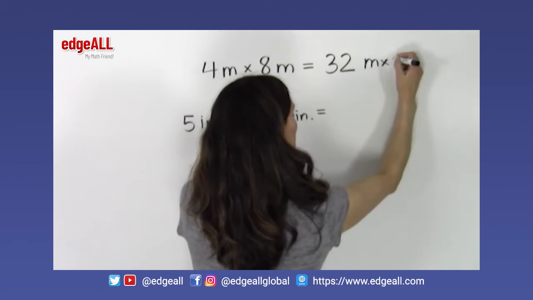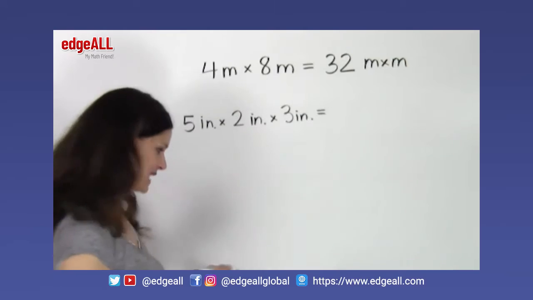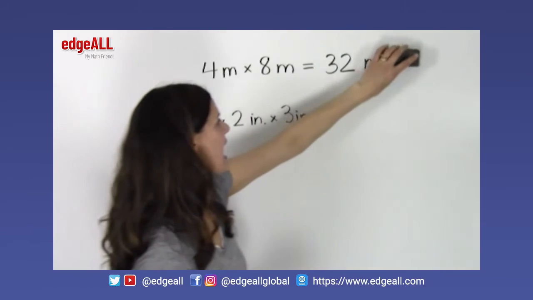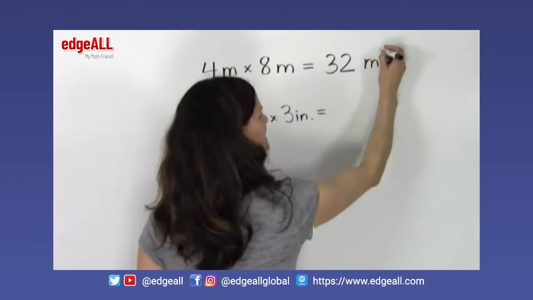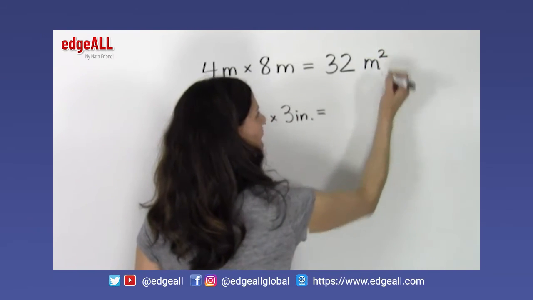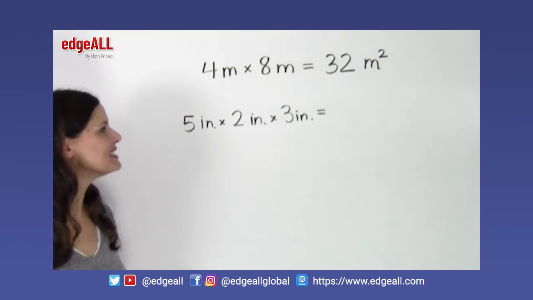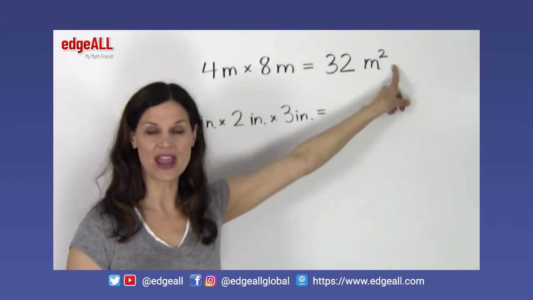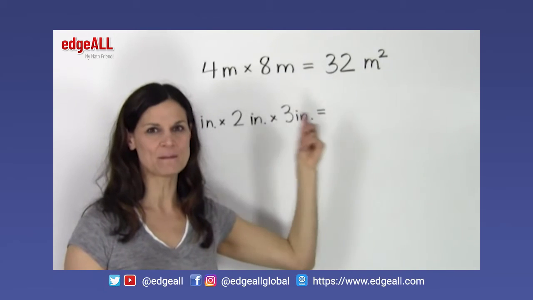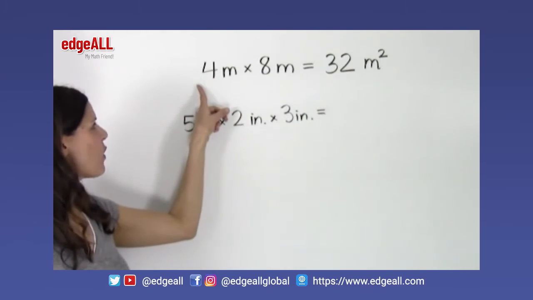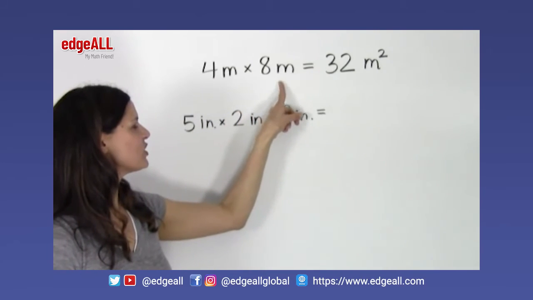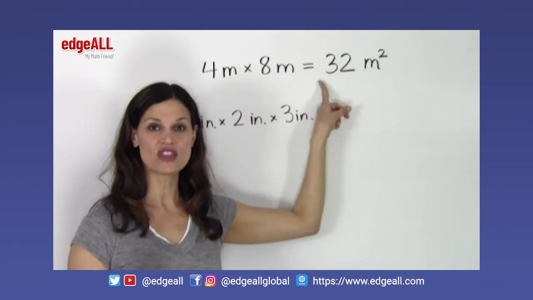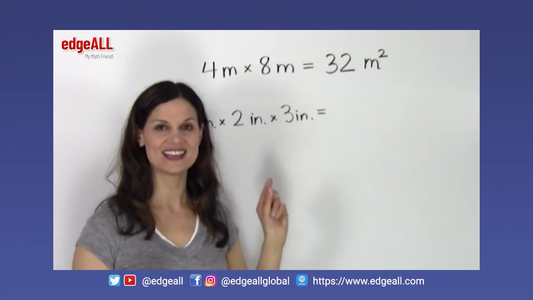Well, instead of reporting it as m times m, what we do is we write this as m to the second power, or m squared. And I would say this answer using the words meters squared or square meters. So I would say 4 meters times 8 meters equals 32 meters squared, or 32 square meters.